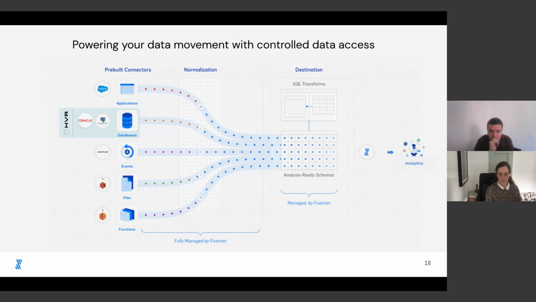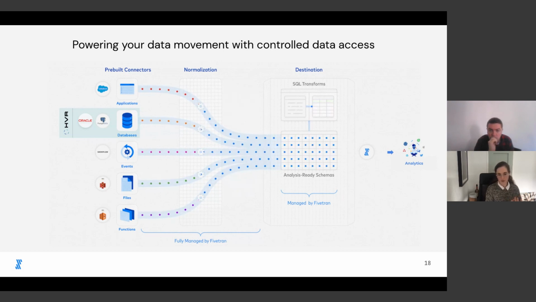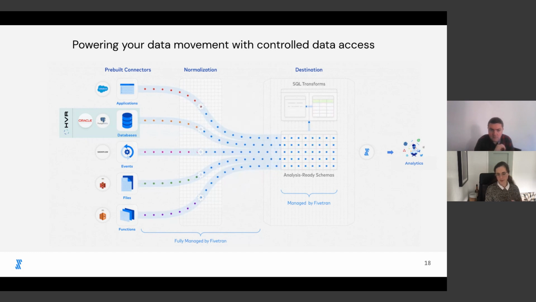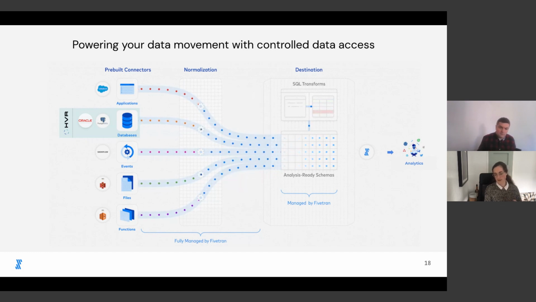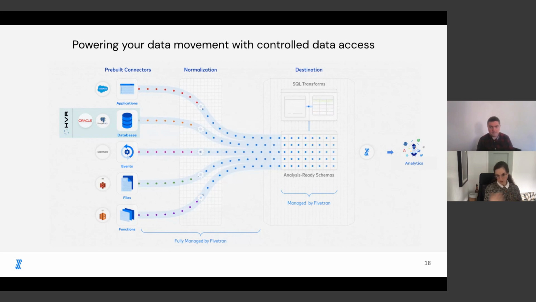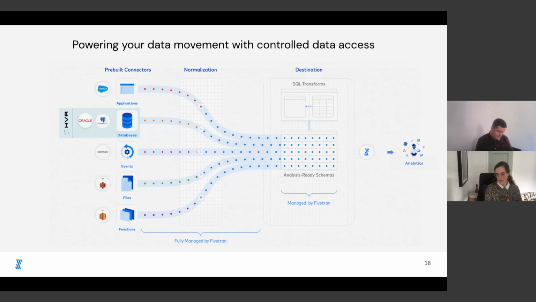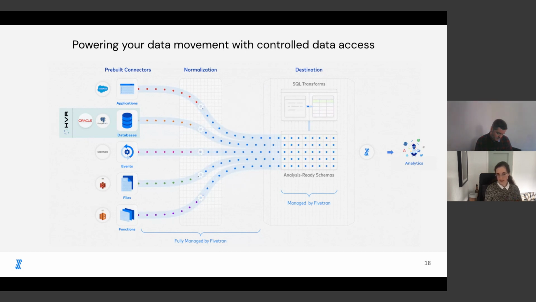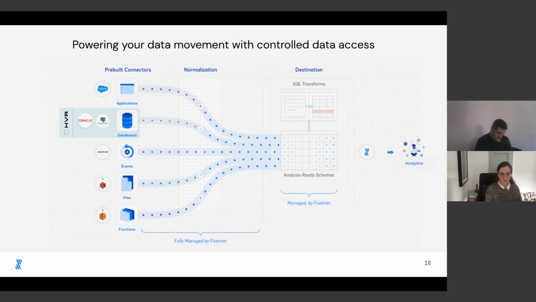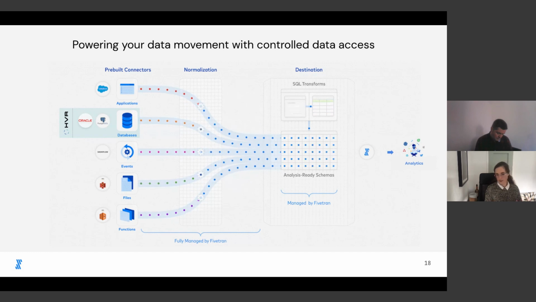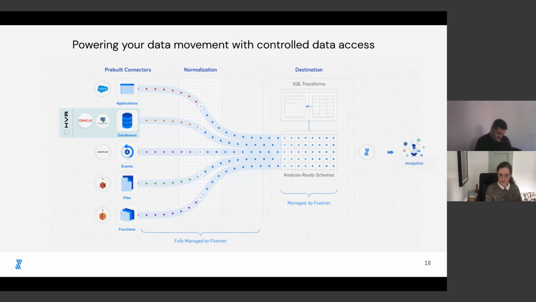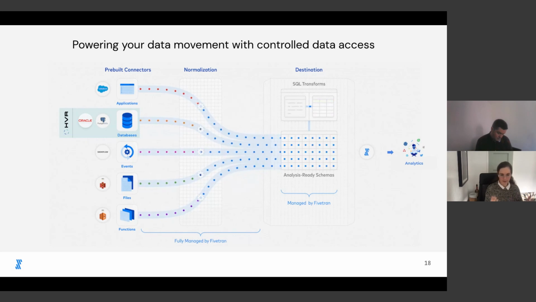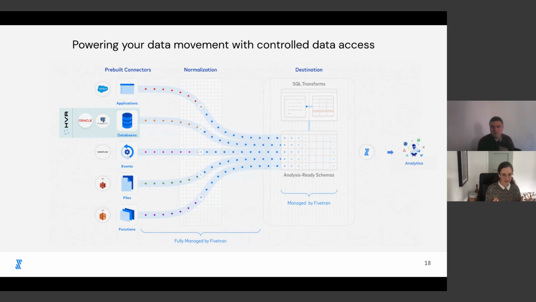We do log-based change data capture to understand what rows have changed in your data sources, and only move those rows that have changed, and do upserts or inserts into your cloud data warehouse so that you have clean, structured data. So you can sync that data up to every 5 minutes, or in some cases you can actually sync it up to 1 minute. So we have a micro-batching architecture. The other thing we do is handle automatic schema migration.